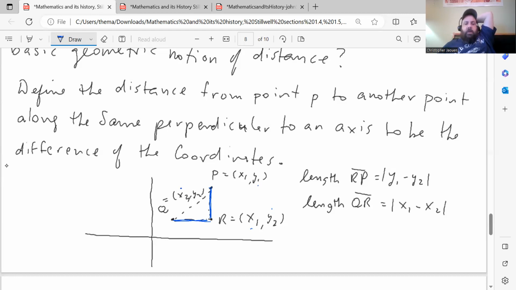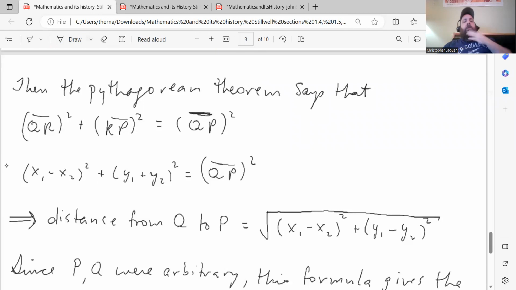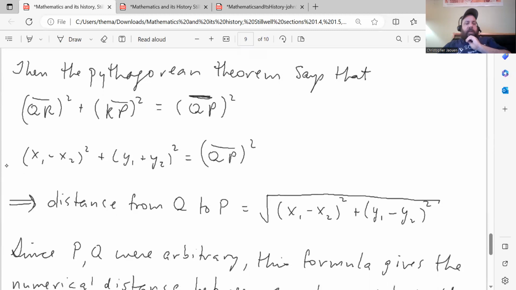All right, so with those definitions for the lengths in the vertical and horizontal directions, the Pythagorean theorem says that length QR squared plus length RP squared is length QP squared. Or in other words, (x1 minus x2) squared plus (y1 minus y2) squared is length QP squared. Length QP is the hypotenuse of that right triangle in the picture.